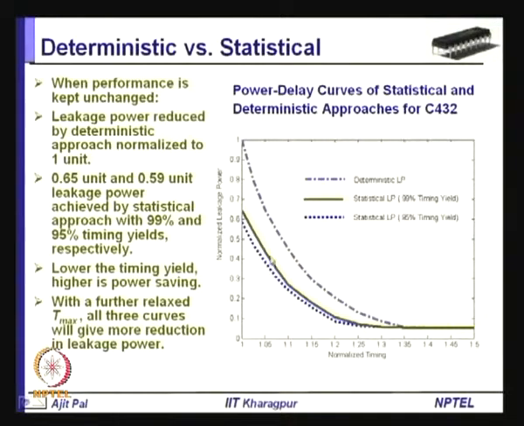So, in this plot, the first curve corresponds to deterministic linear programming. So, leakage power reduced by the deterministic approach is normalized to 1 unit. So, this is 1, and obviously, as you increase the timing, the leakage power reduces.